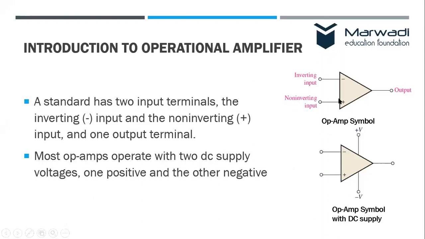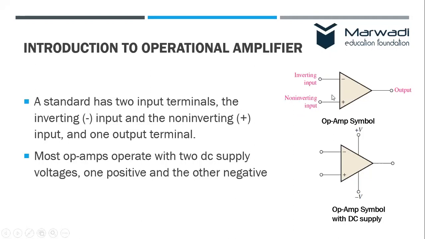The operational amplifier symbol is represented like this. It is triangular. There are two inputs and one output. A standard op amp has two input terminals. This is called the inverting input, and this is called the non-inverting input.